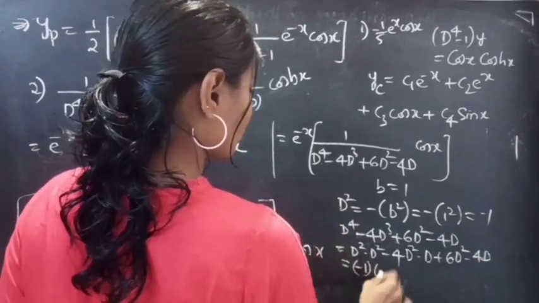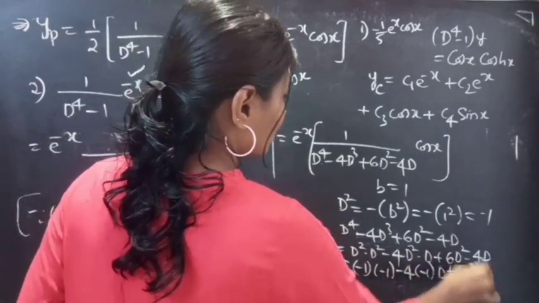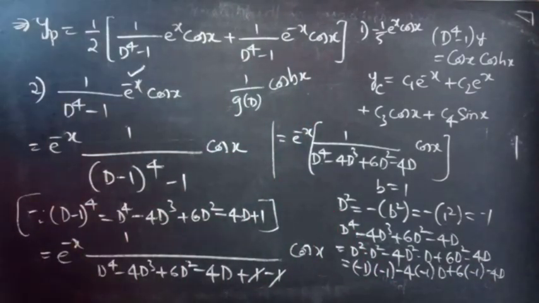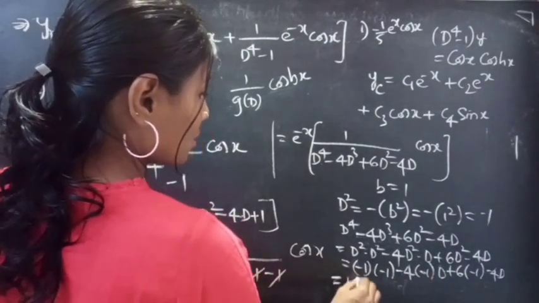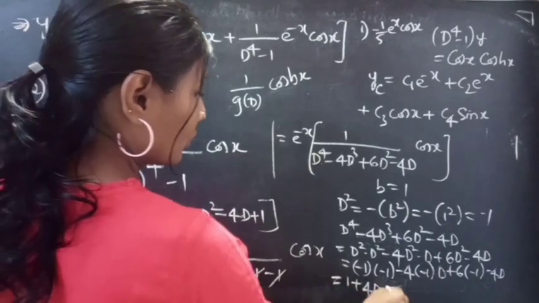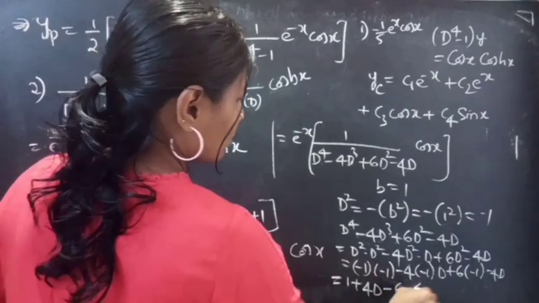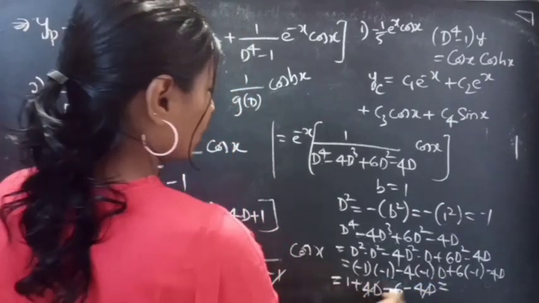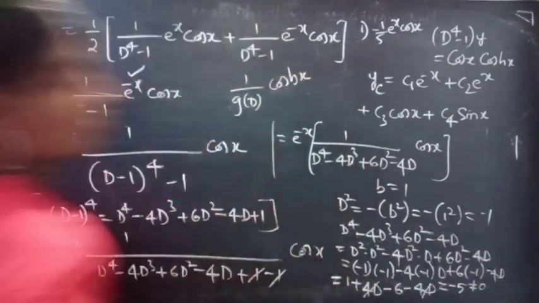We'll get minus 1 into minus 1, minus 4 into minus 1 into d, plus 6 into minus 1, minus 4d. Minus 1 into minus 1 is plus 1, minus into minus is plus 4d, plus into minus is minus 6 into 1, that is 6, minus 4d. Here plus 4d minus 4d gets cancelled and we get 1 minus 6 is minus 5, which is non-zero.